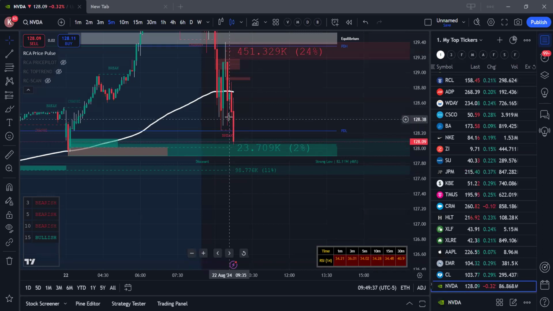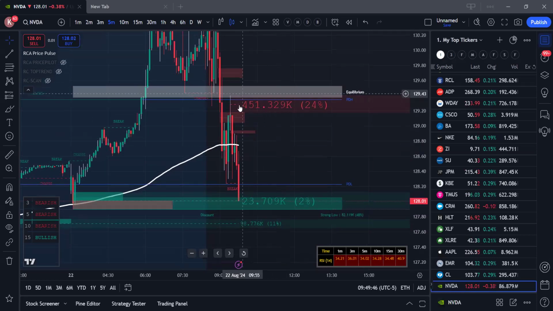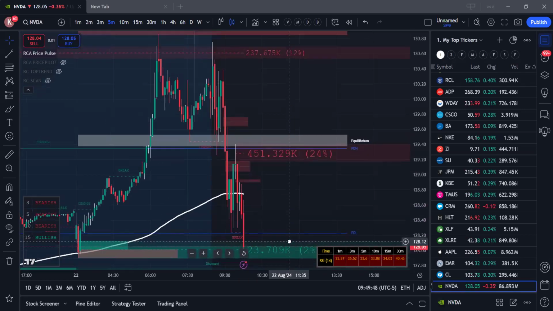So it should touch it and then we should see a green candle. That means the trend is reversing. So here there is a 451,000 sell order block. There is a 237,000 sell order block.